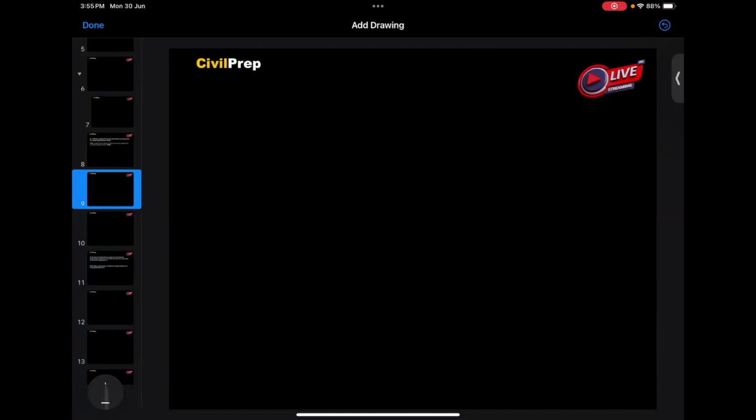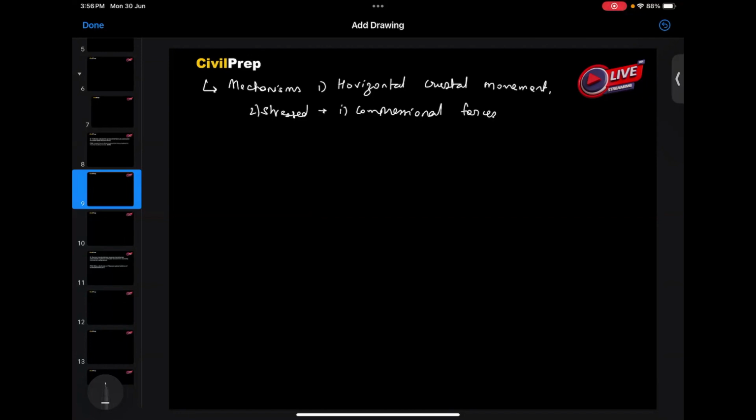Despite the mechanisms such as, number one, horizontal crustal movement, these models stressed more on the compressional forces; number two, crustal instability; number three, sequential uplift.